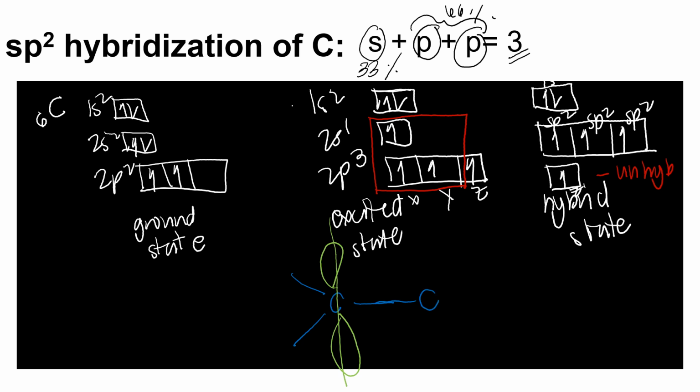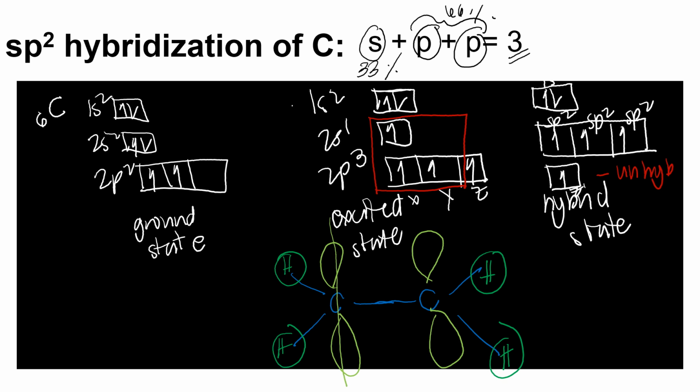So this one, this, and this, since all this can have hydrogen, remember that you still have also the 2pz here. This is where you have your pi bond.